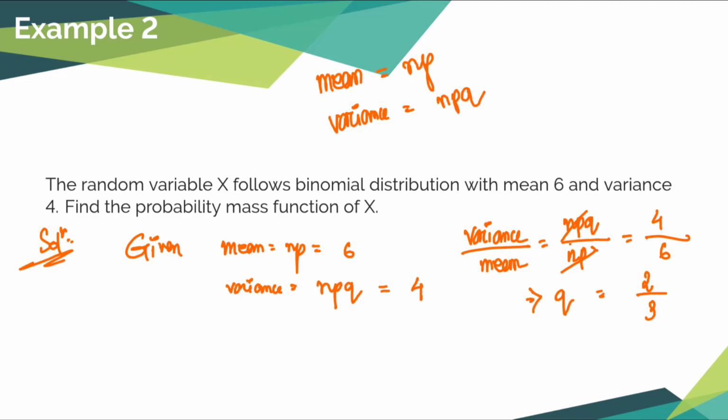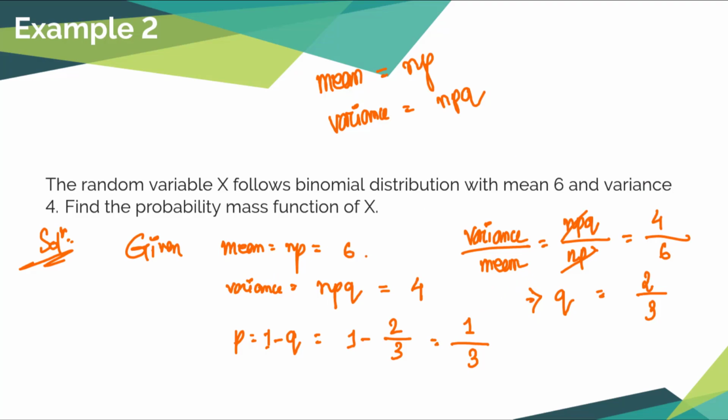So we got the probability of failure as 2 upon 3, right? So what will be the probability of success? p will be 1 minus q, which is 1 minus 2 by 3, which is equal to 1 by 3. So we got the probability of success as 1 upon 3. And what will be the value of n?